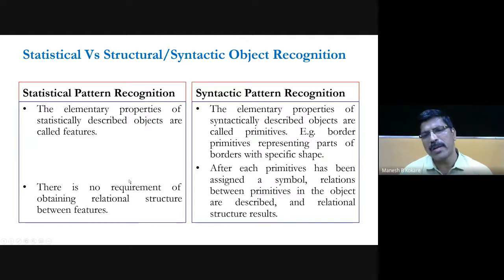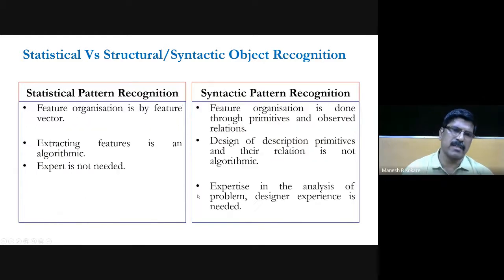So there is no need of obtaining the relational structure between the features in case of the statistical approach, whereas in case of the syntactic or structural approach, after each primitive has been assigned a symbol, the relations between the primitives in the object are described, particularly in graph-based techniques, and a relational structure results from that. So that is the difference between syntactic and statistical.